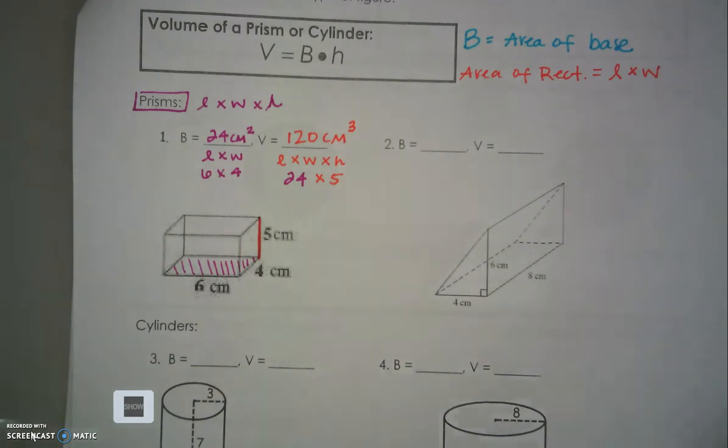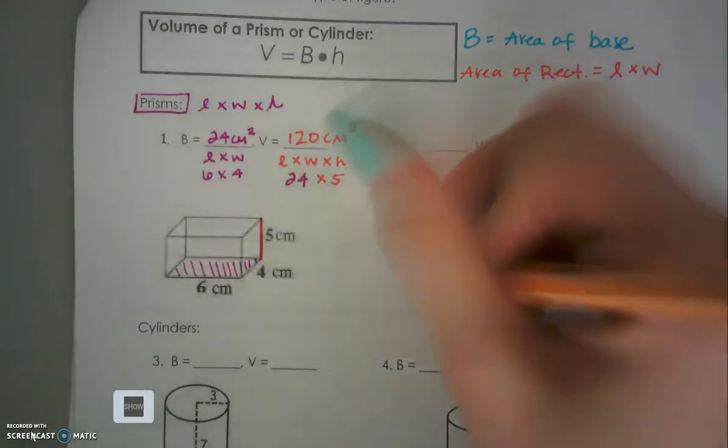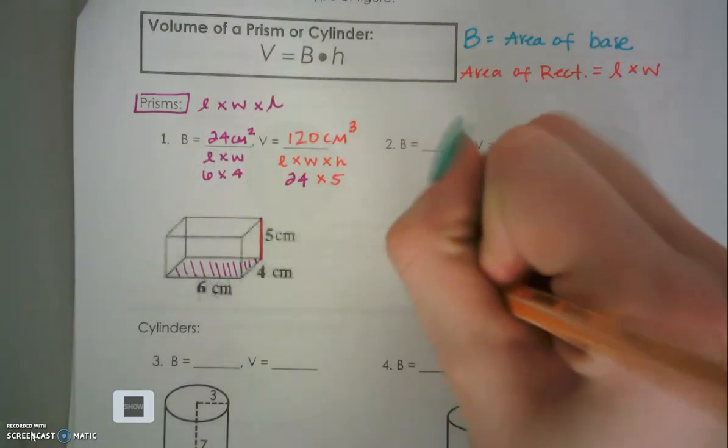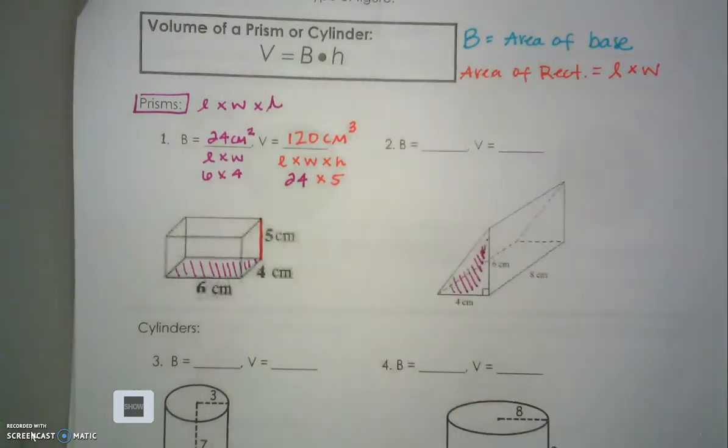Now prisms can look triangular, but notice the base of my prism. Is it still rectangular? The answer is no. This is now the base of my figure.